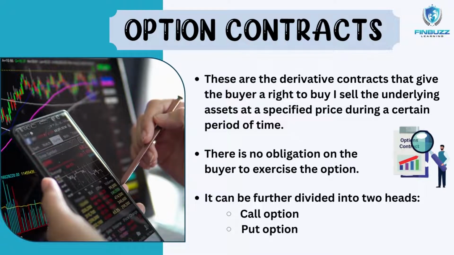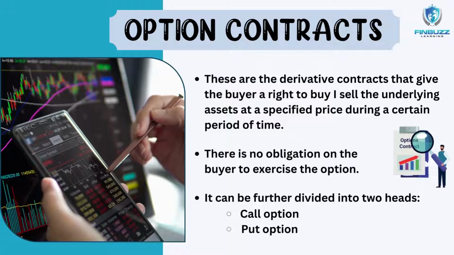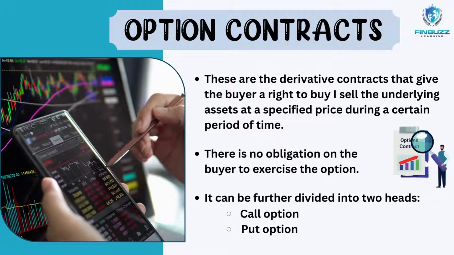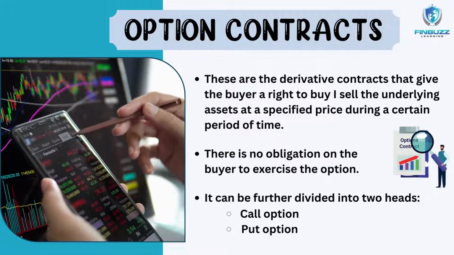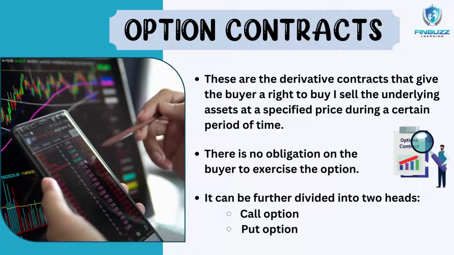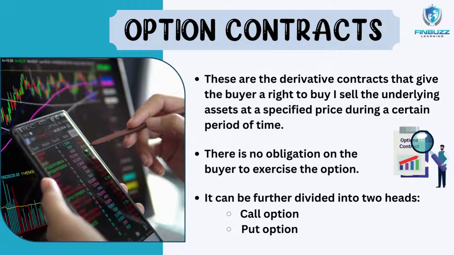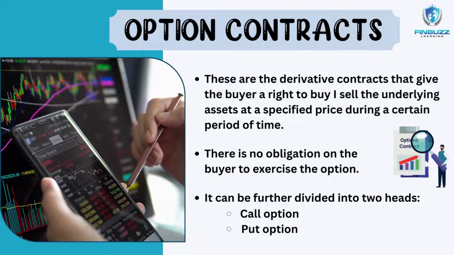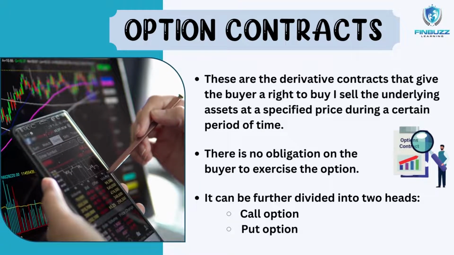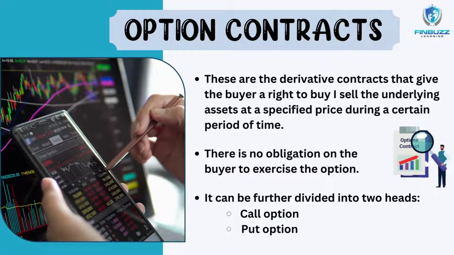In a put option, the buyer has the authority but not the obligation to sell an underlying asset at a fixed price while entering the contract.